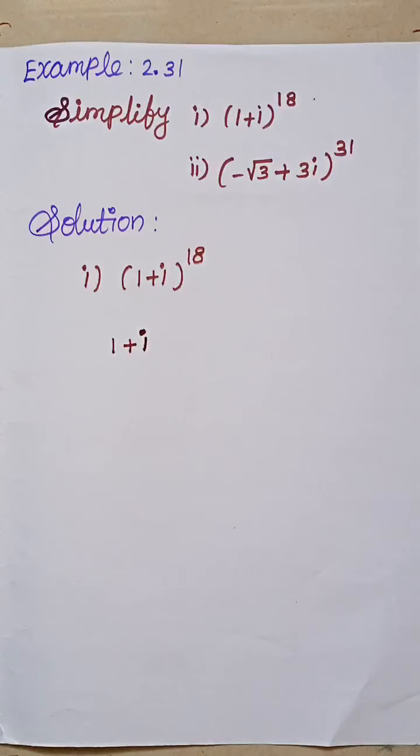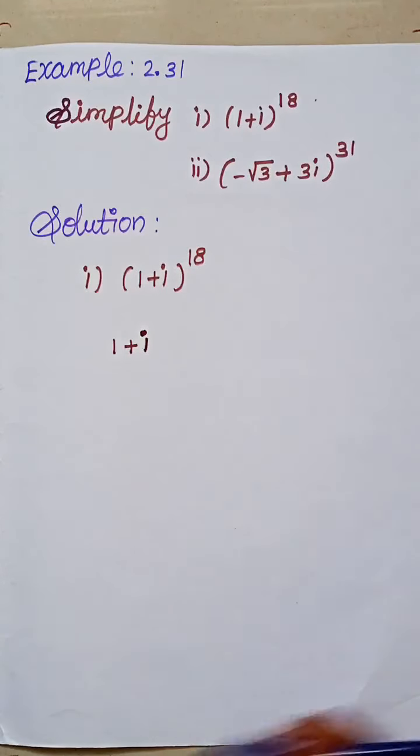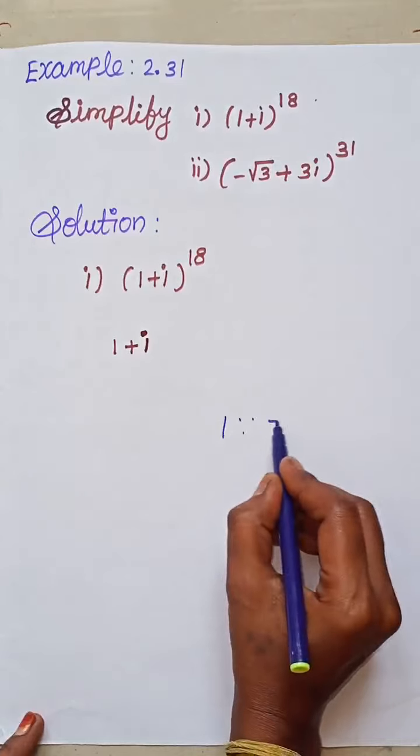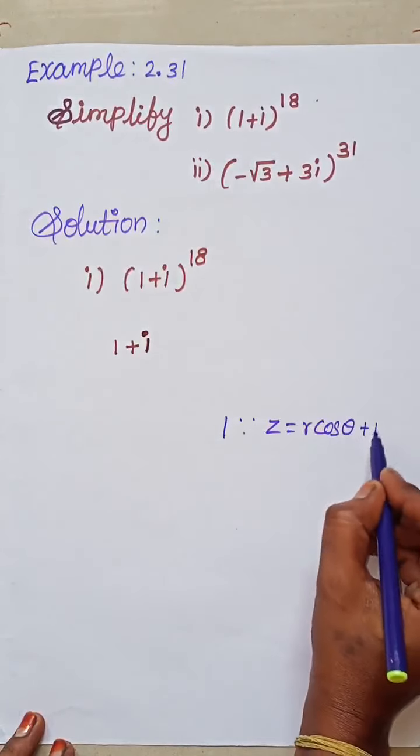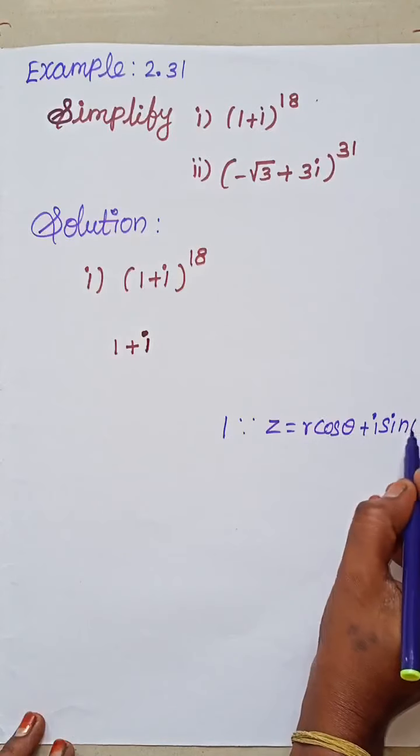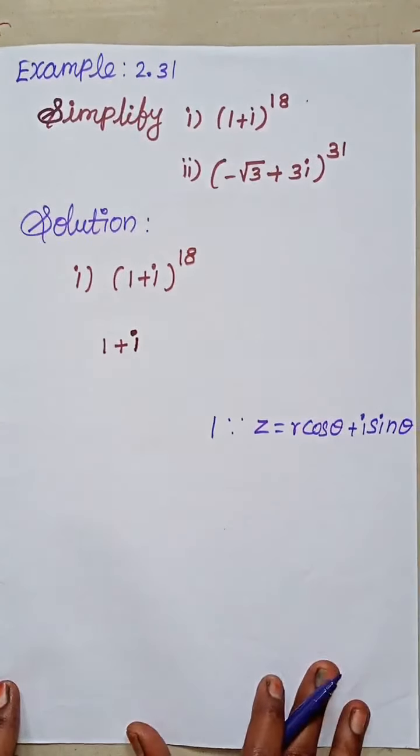A complex number, write it in polar form as z equal to r into (cos theta plus i sin theta). That is the polar form.